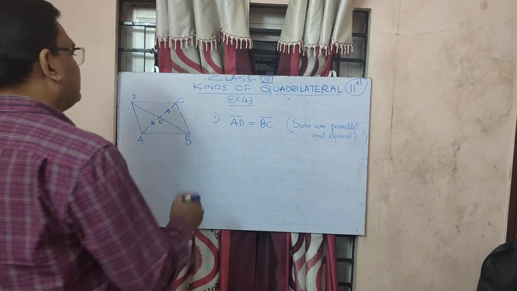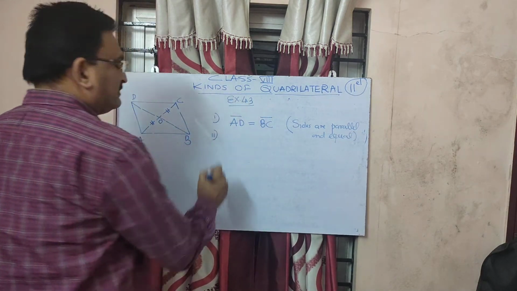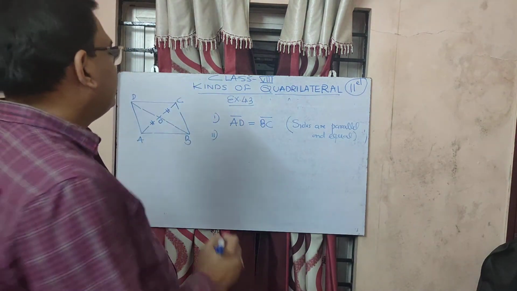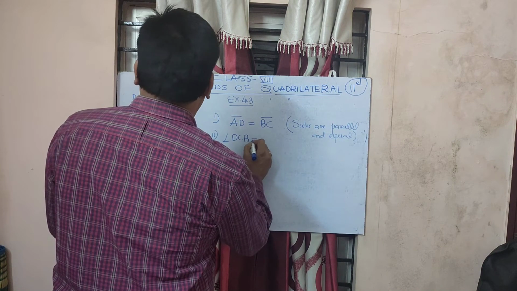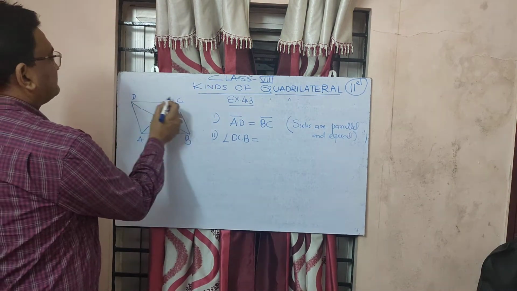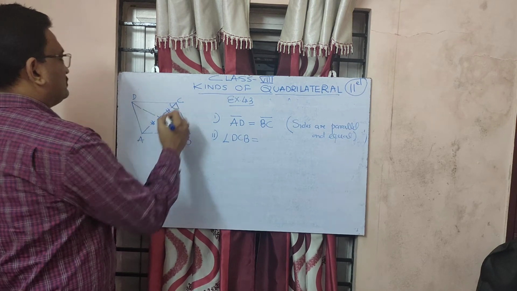Okay, then what is the second question? Angle DCB is equal to what? So this angle is equal to what?